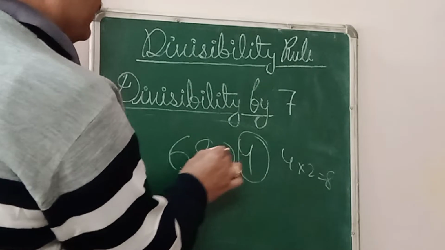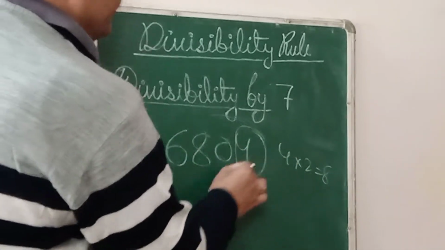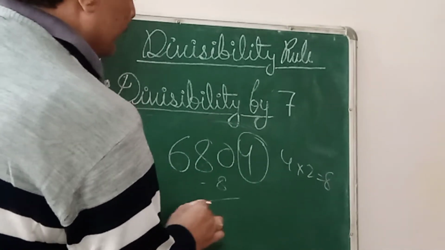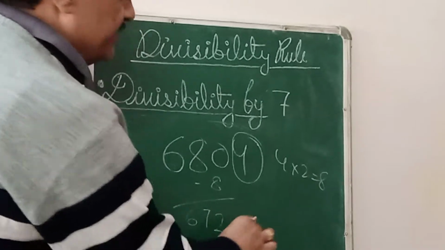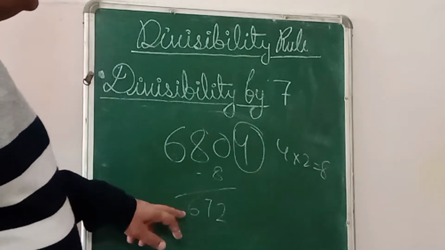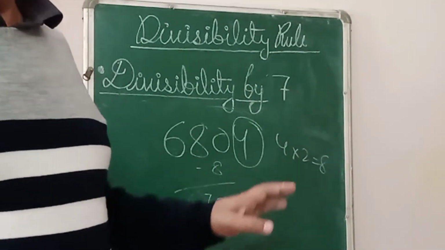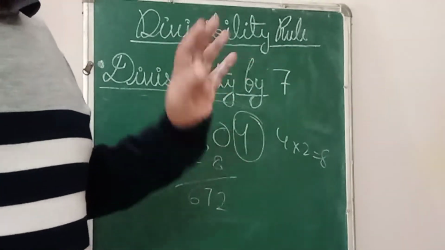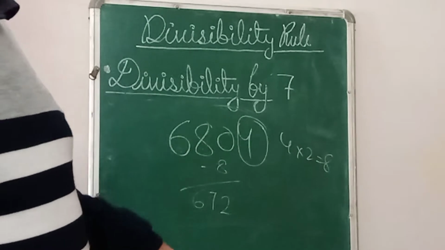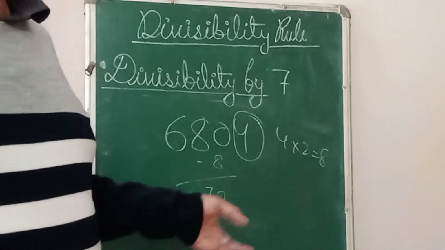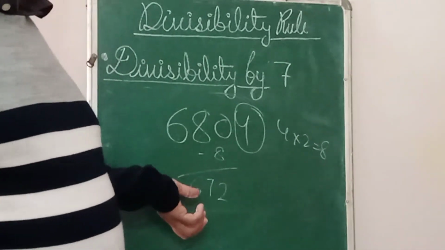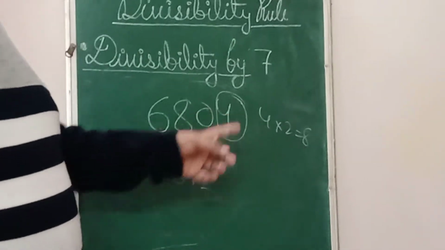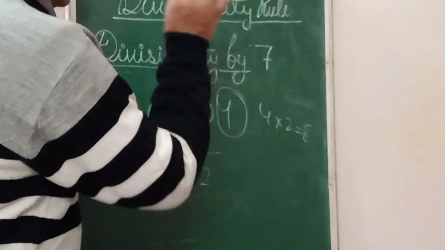So, from 680, we are subtracting 8. So, we get 672. If 672 is divisible by 7, then we say that the number is divisible by 7. But in case of 672 also, if we feel like we are getting a bigger number, we will repeat this exercise.